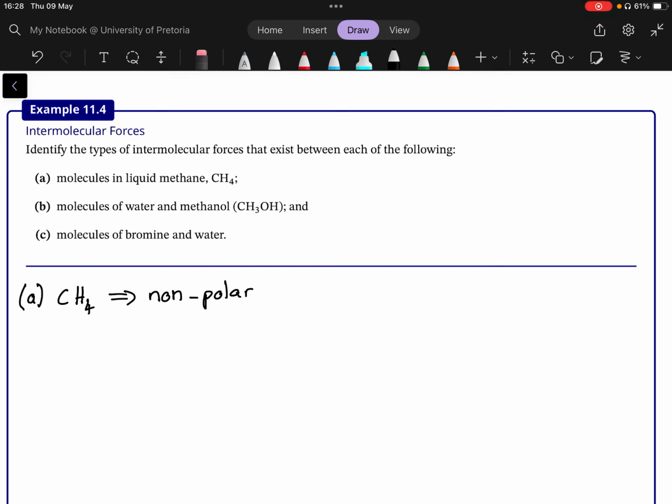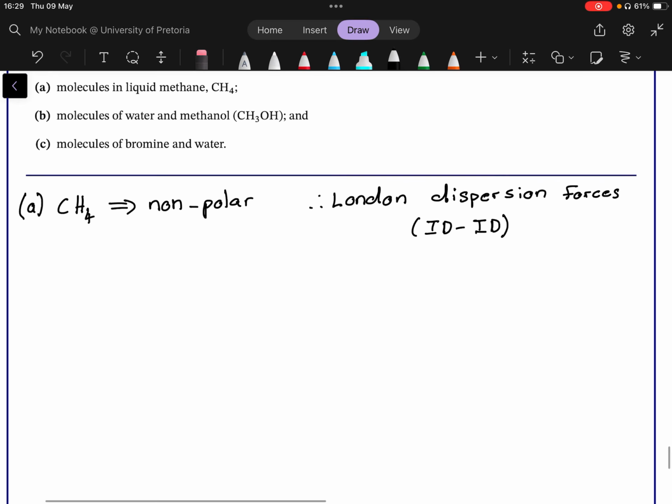So if it's a nonpolar molecule, the only intermolecular forces that can be present are London dispersion forces. Or you can write induced dipole forces.